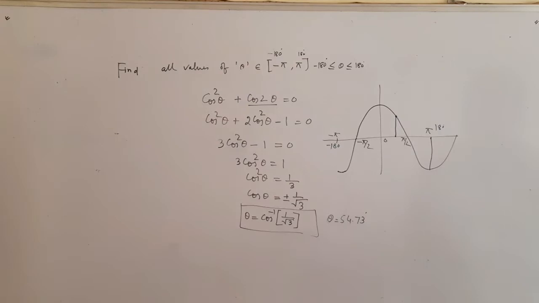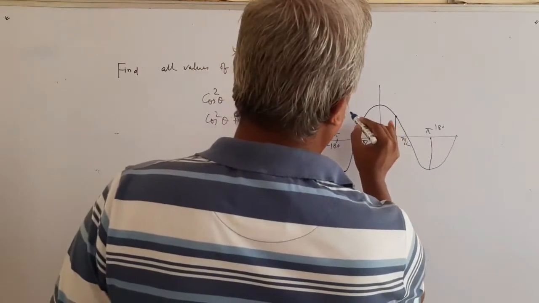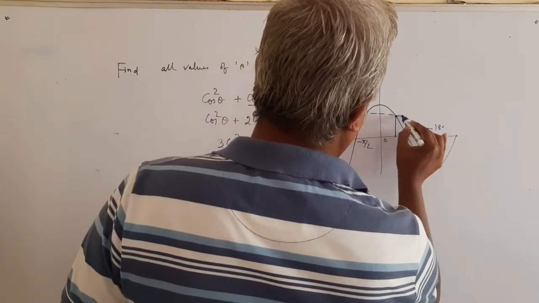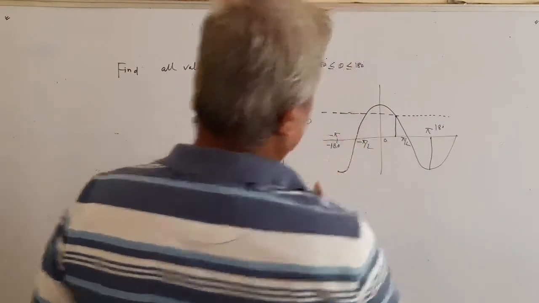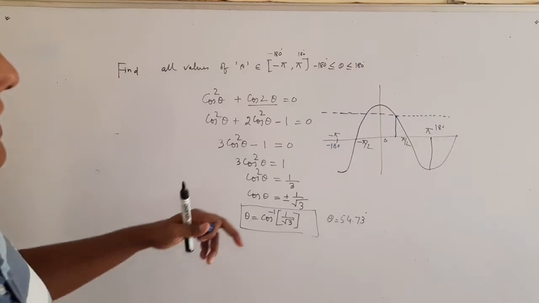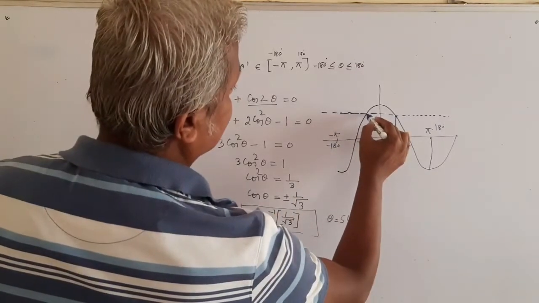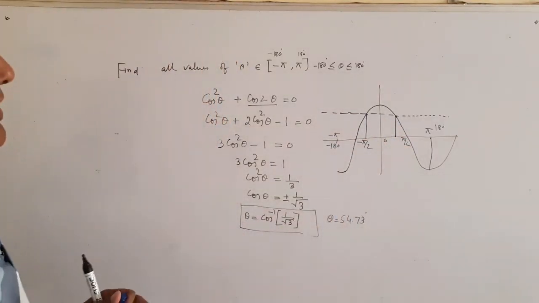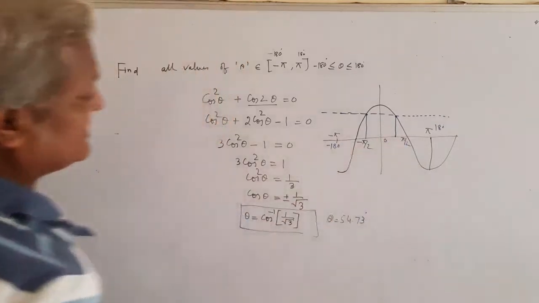This is one value. Now if I draw a line parallel, you see it is going to cut the curve, and one such value you can get from here. Now, if you use the symmetry, this appears to be minus 54.73.